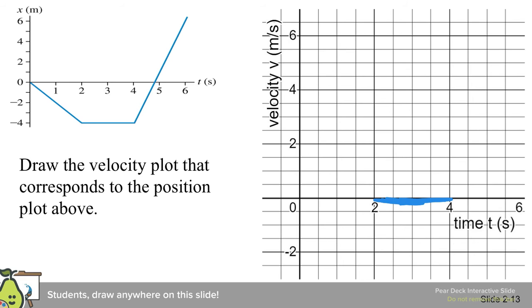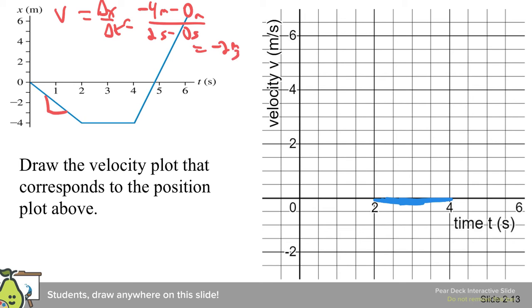Let's do a color. Over here, V in that region is delta x over delta t, the slope of that line. So it looks like we end at minus 4 meters starting at the origin, and we end it at 2 seconds starting from 0 seconds. So this is minus 2 meters per second.